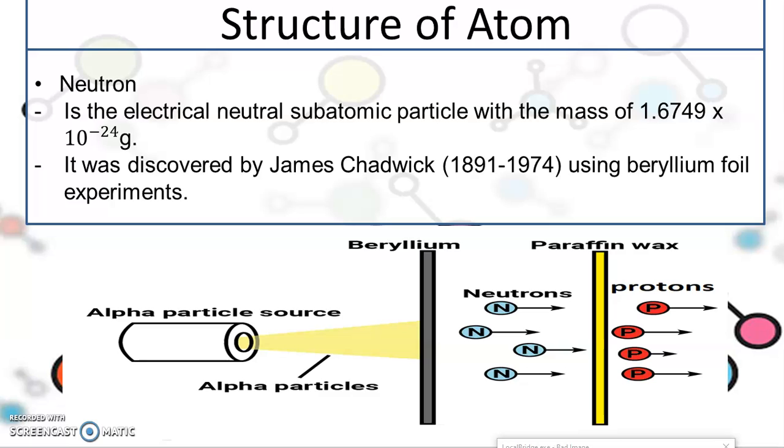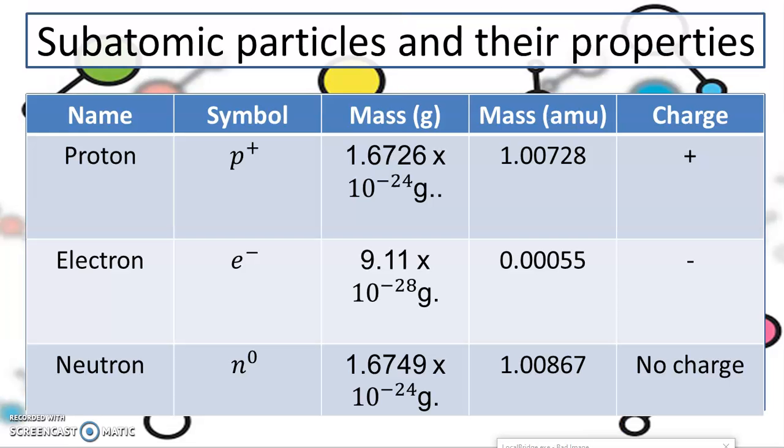In this experiment, he observed that there was less deflection of particles, implying the existence of neutral particles in the nucleus together with protons. Thus, the mass of the protons and neutrons accounts for the atomic mass.